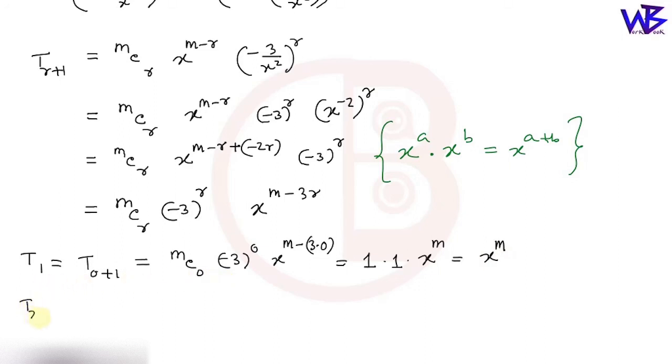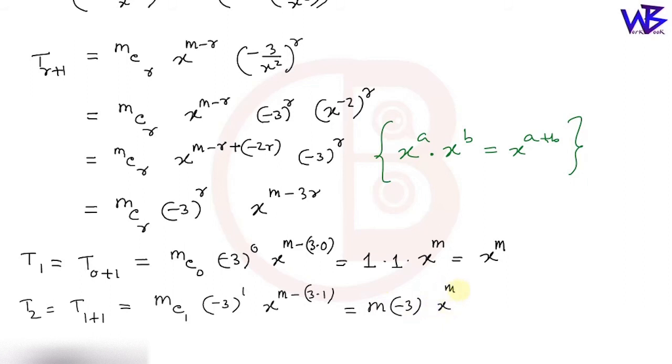And T2 will be equal to T(1 plus 1), which is equal to mC1 into minus 3 to the power 1 into x to the power m minus 3 into 1. The value of mC1 is m, so this is equal to minus 3m times x to the power m minus 3.